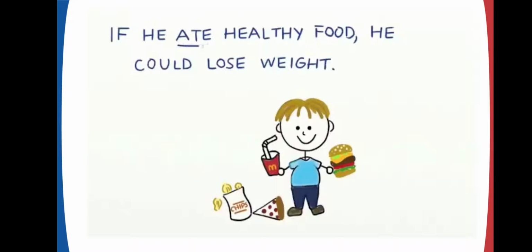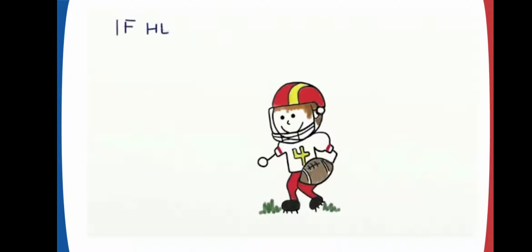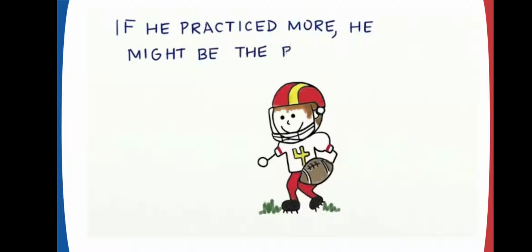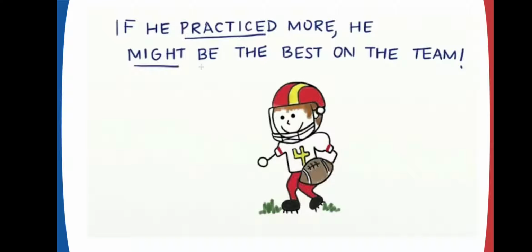We use ate, the past tense of eat, the modal verb could, and base verb lose. Another example. If he practiced more, he might be the best on the team. Here we use practiced, the past tense of practice, the modal verb might, and the base verb be.